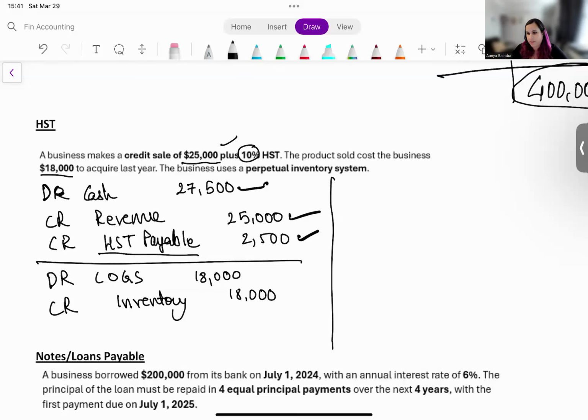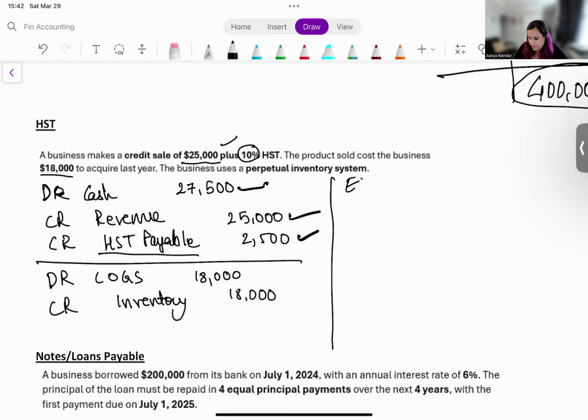But also remember, it's not part of this question, but a lot of questions may also have HST receivables, which is any HST that you paid on inputs. So any HST that you've paid in order to produce the goods will be refunded to you by the government at the end of the year. So say that you had some kind of a bill.